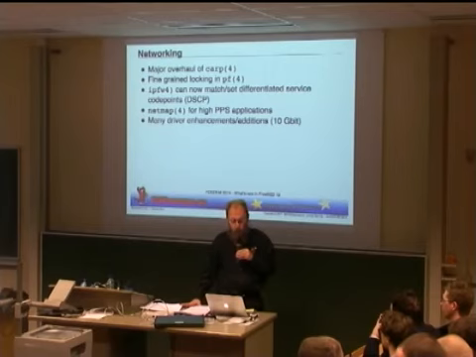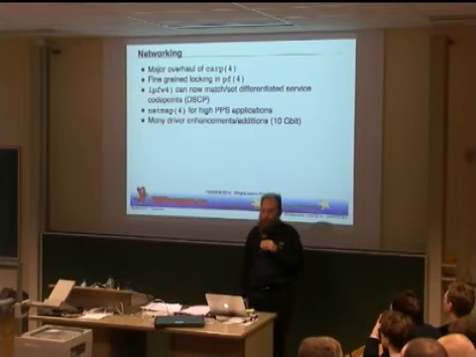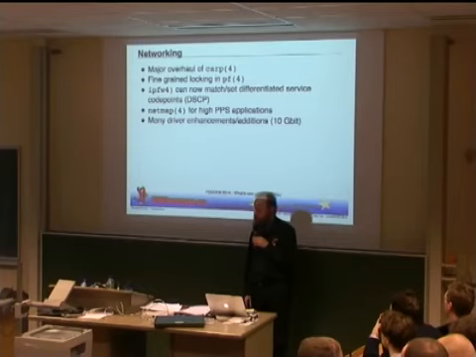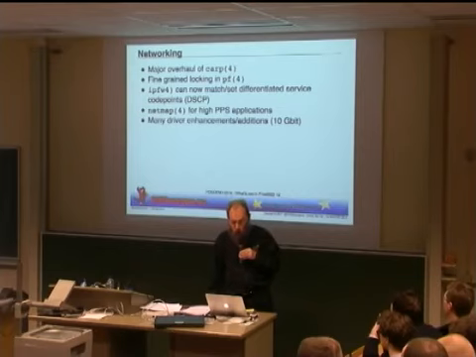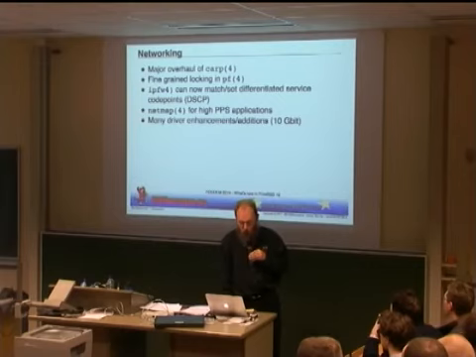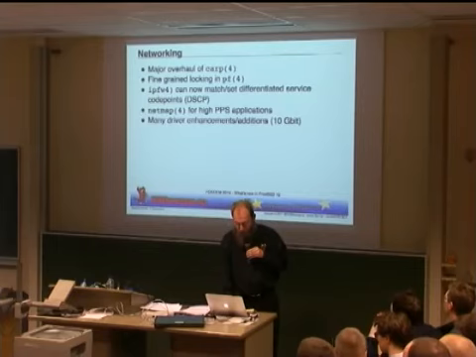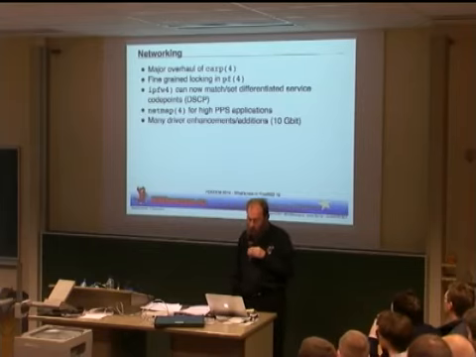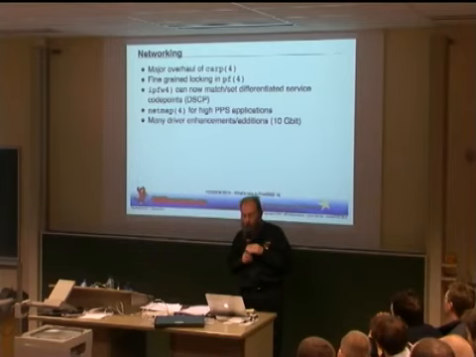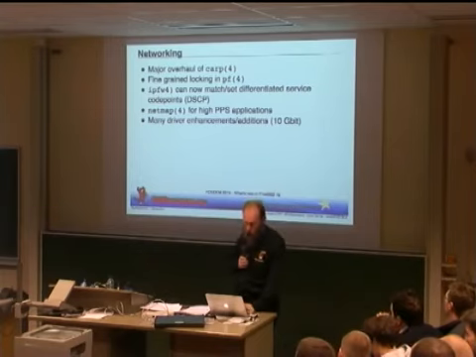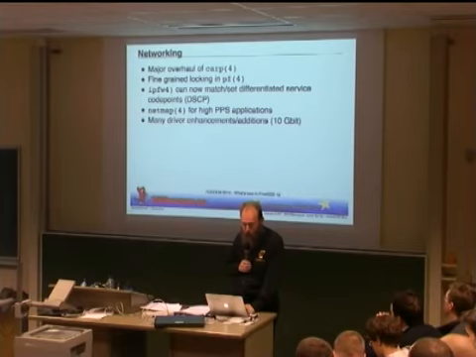The FreeBSD team has been working a lot and got fine-grained locking into PF, and PF now also filters very well at high speeds. So you can do your 10 gig internet connections, filter them with PF, and not worry about whether your CPU can handle it or not. IPFW got a little enhancement for differentiated services code points, DSCPs.